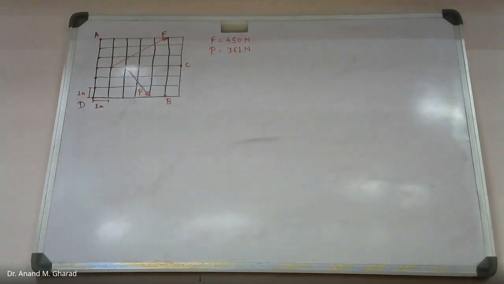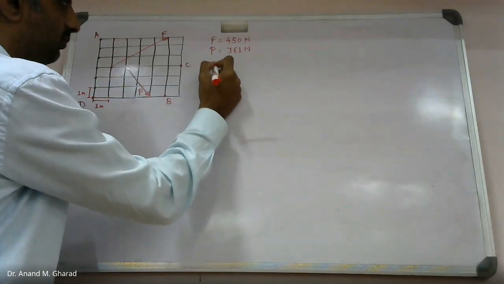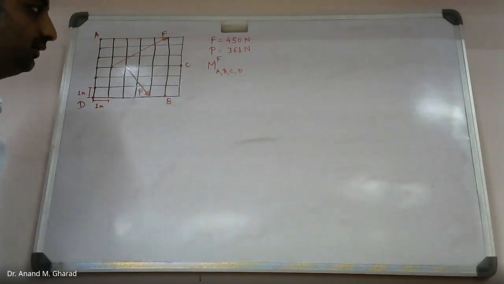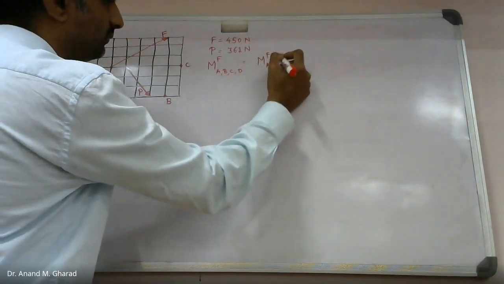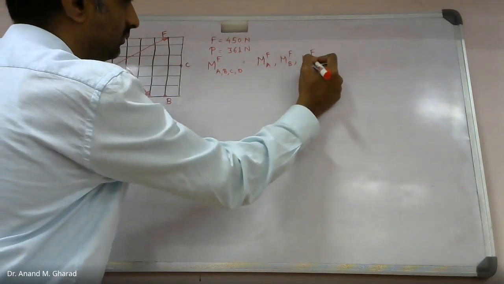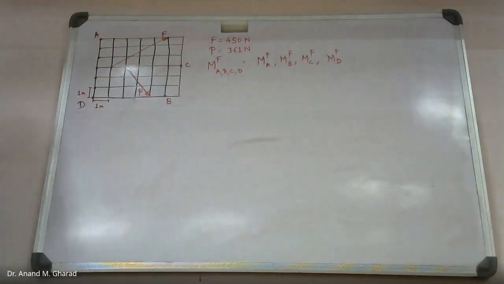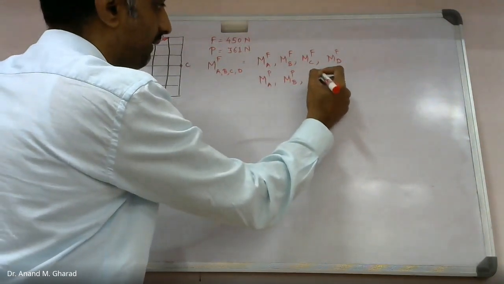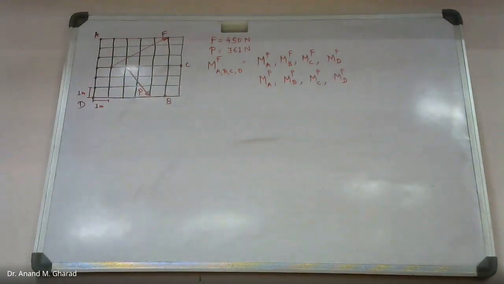What you are supposed to identify is the moment of these two forces about points A, B, C, and D. That is, the moment because of force F about points A, B, C, and D. Similarly, you are supposed to identify the moment because of P about them. Understood? This is what is asked.